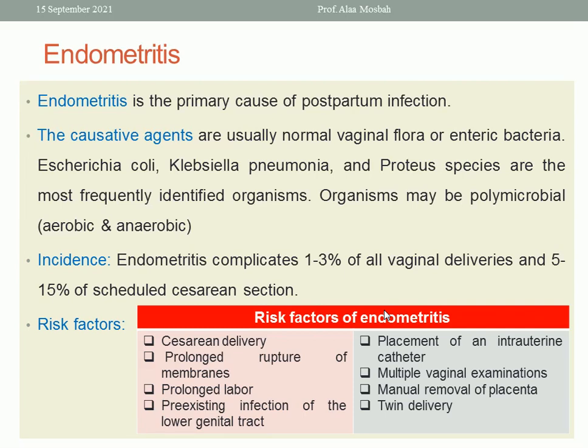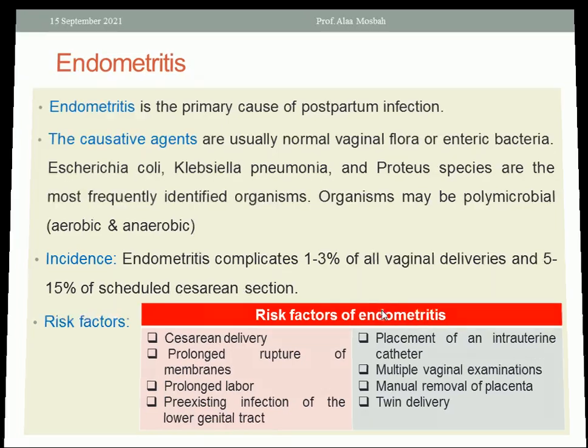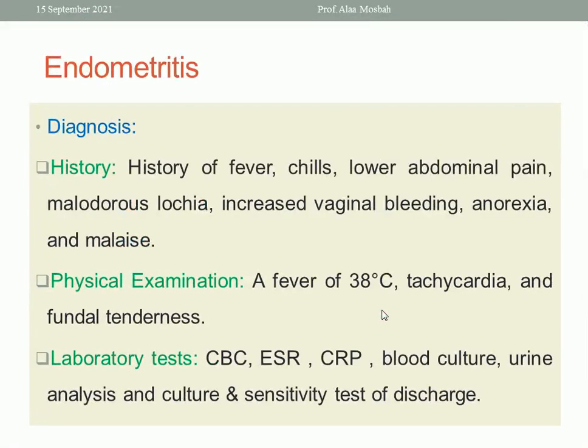Endometritis complicates 1 to 3% of all vaginal deliveries and 5 to 15% of scheduled cesarean sections, and the risk factors include cesarean delivery, prolonged rupture of membranes, prolonged labor, pre-existing infection of the lower genital tract, multiple vaginal examinations, manual removal of the placenta, placement of an intrauterine catheter, and twin delivery. These are risk factors for endometritis.